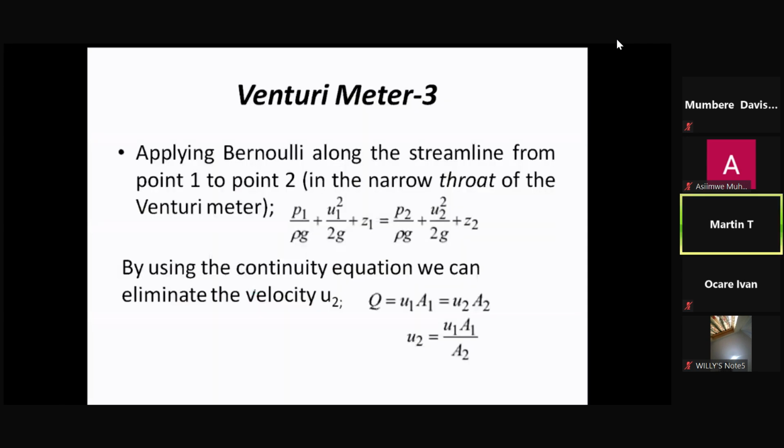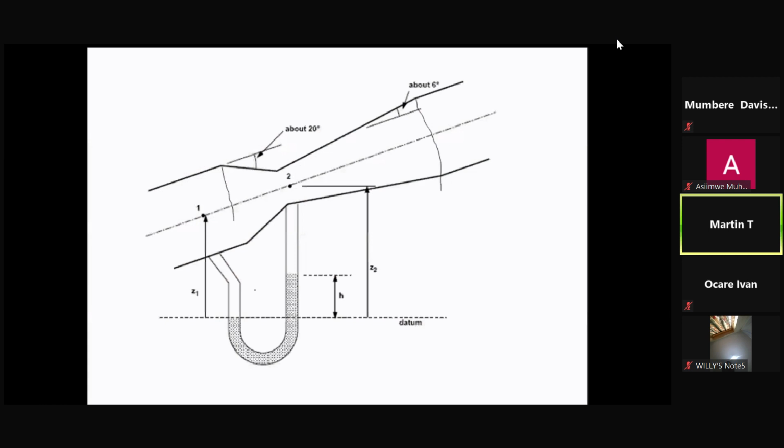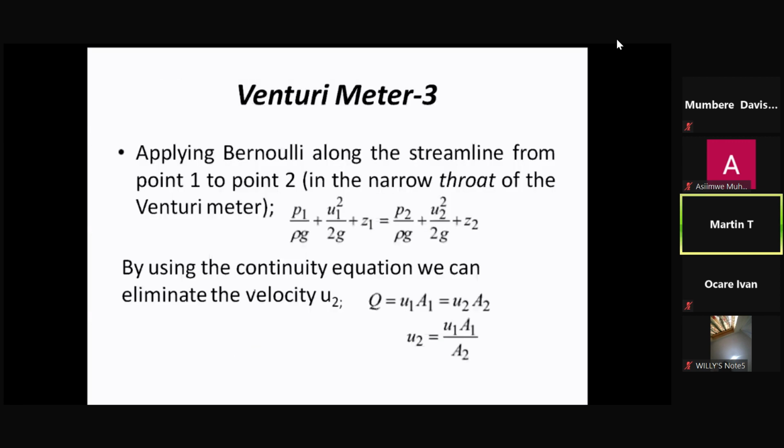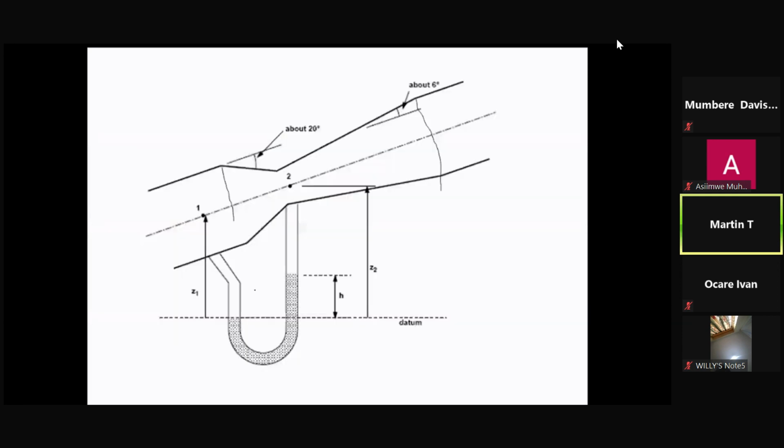Now, if you can still refer to this sketch. If we apply Bernoulli's equation from point 1 to point 2, point 1 is part of the pipe. It is carrying the fluid, and you want to determine the discharge.